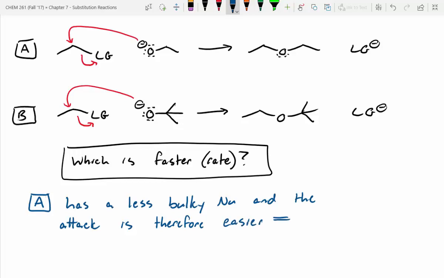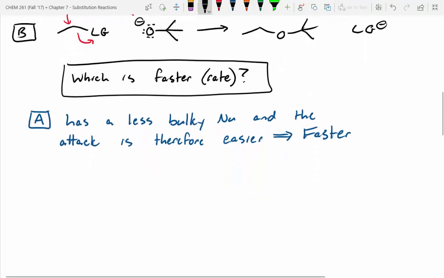That means that it's going to be faster in terms of the rate. So we know that sterics matter not only for that electrophile, but actually also for your nucleophile as well. With SN2 reactions, you want to minimize the steric interactions to encourage the collision of two different molecules. Does that make sense? It's a little bit weird to think about. There's also another example I want to show you guys.